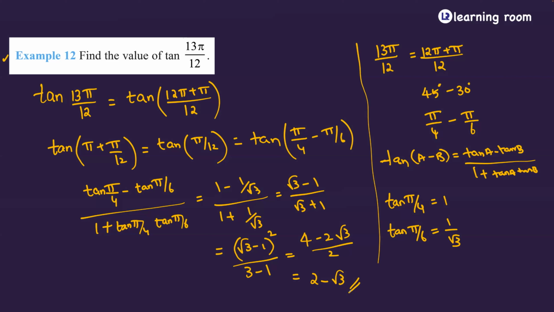So you'll write it as plus or minus depending on the quadrant. So which quadrant is this? Third. How did you say third? Because 180 plus theta is the third quadrant.